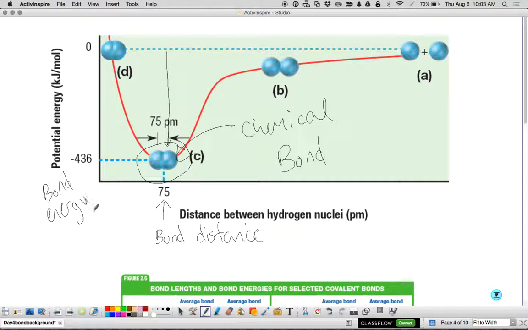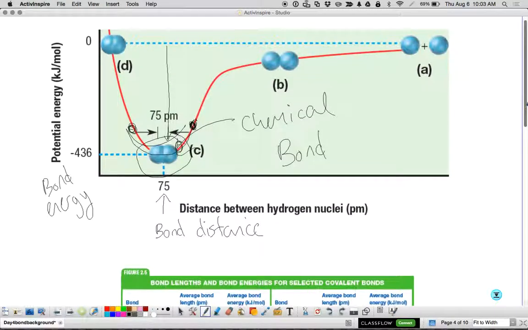And that's going to be the average bond energy. Now notice that you might have some molecules that are here, you might have some molecules that are here. There's going to be a sort of continuum. And right at the bottom here is going to be the average bond energy.